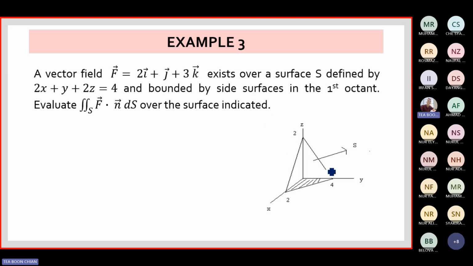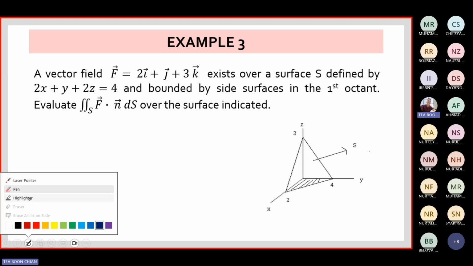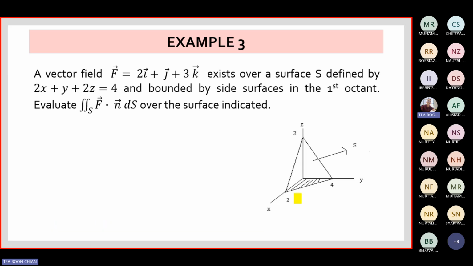Now look carefully at the graph given. You notice that there is one surface being highlighted or shaded. If you look carefully, this is the triangle surface being shaded here. Therefore, you are actually evaluating the flux acting on this plane. So this is the one different from example 1 and 2. Look carefully.